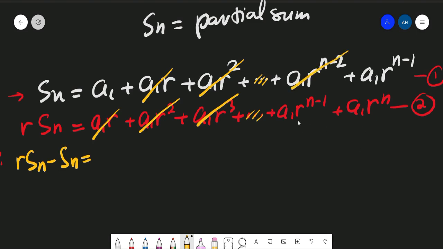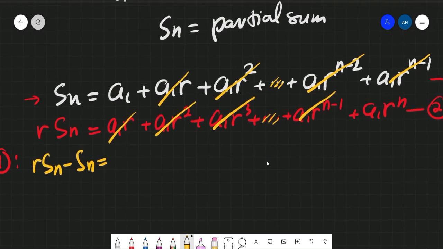Now how about this term? a1r to the power n minus 1, yes, we have it in both equations, so this term also will cancel. Now how about the last term in equation number 2, a1r to the power n? Do we have that term in equation number 1? No, we don't. Therefore, this one will stay, a1r to the power n.